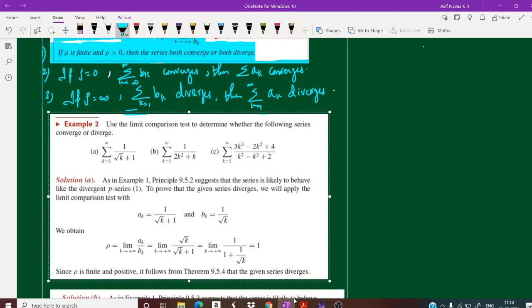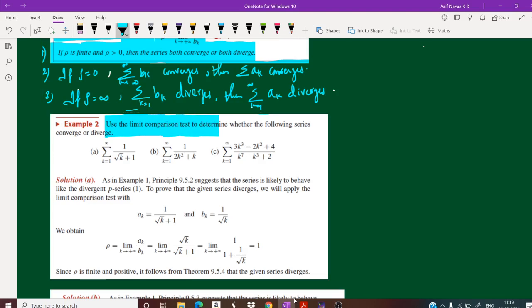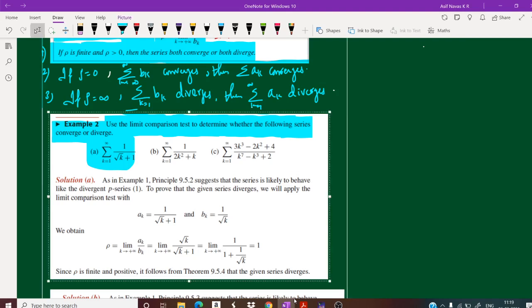So now we will do a few examples. Using the limit comparison test, determine whether the following series converge or diverge. First question: sigma k equal to 1 to infinity of 1 by root k plus 1. We already showed that such a series diverges, right?